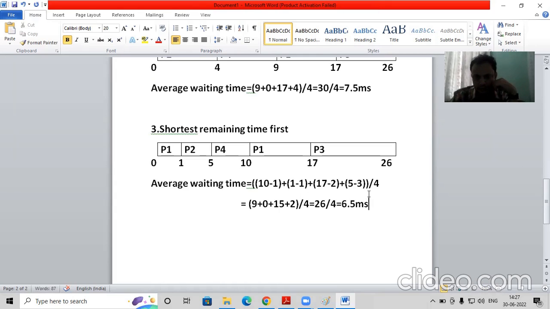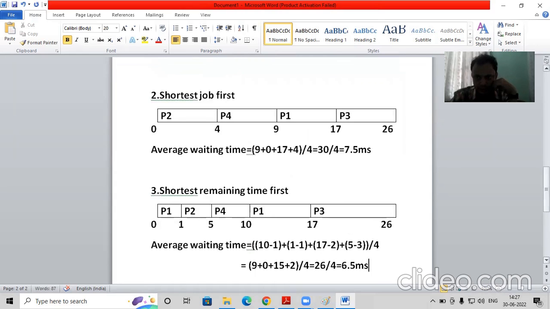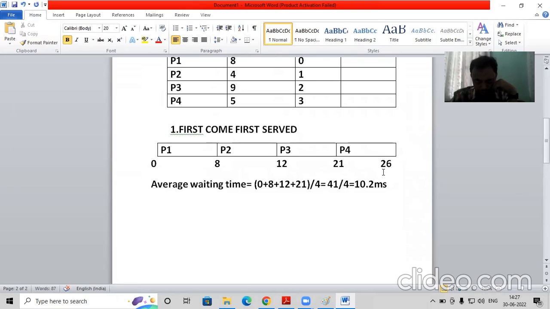See, here it drastically changed. The average waiting time here is 6.5 milliseconds. Previously it was 7.5 milliseconds, and in first come first serve it is 10.2 milliseconds.